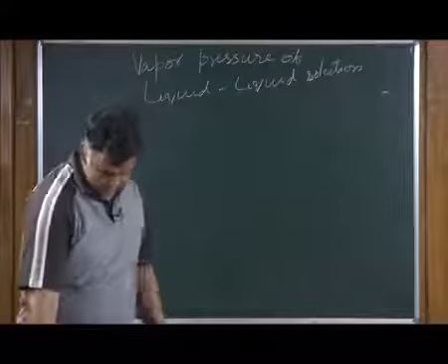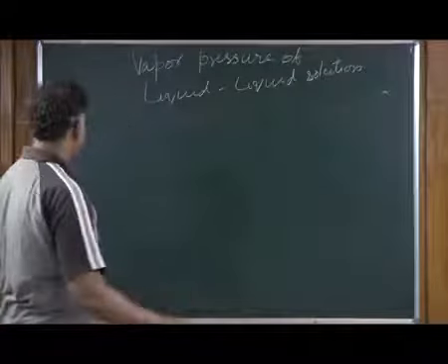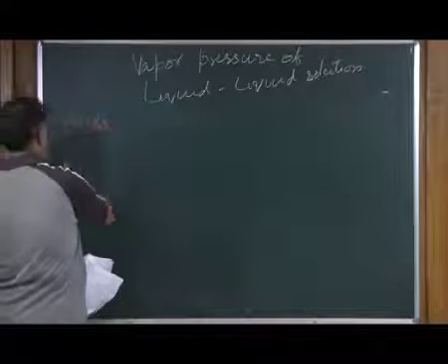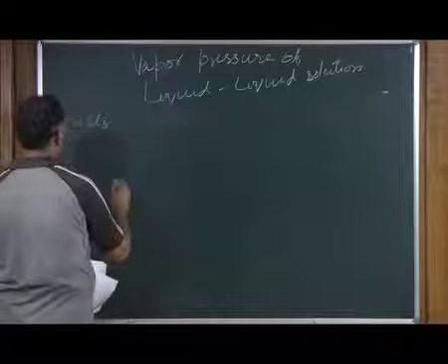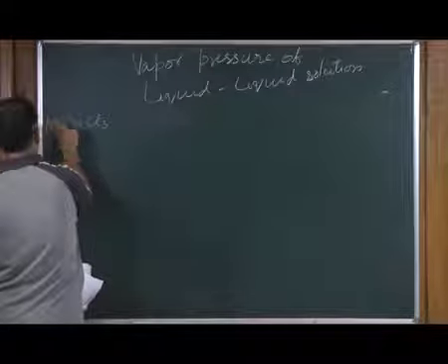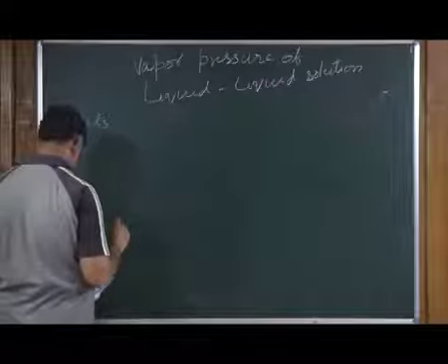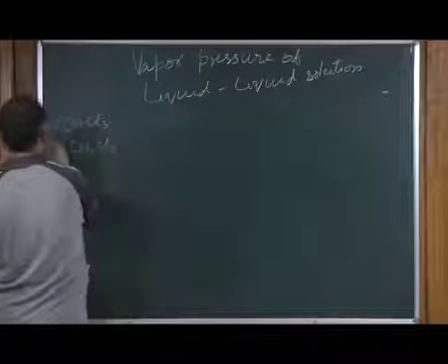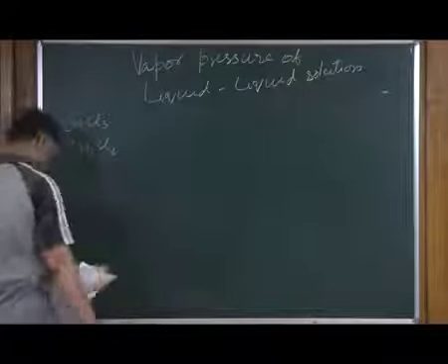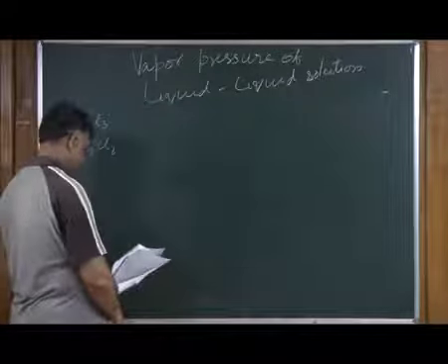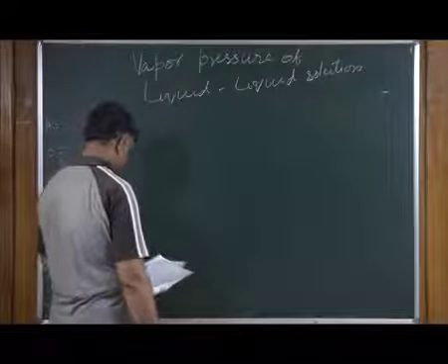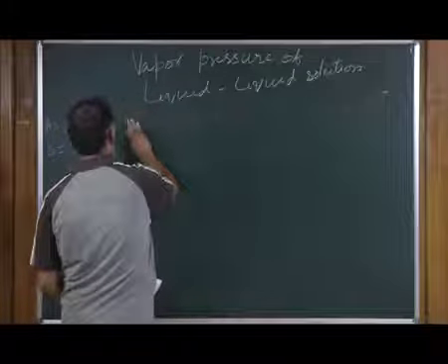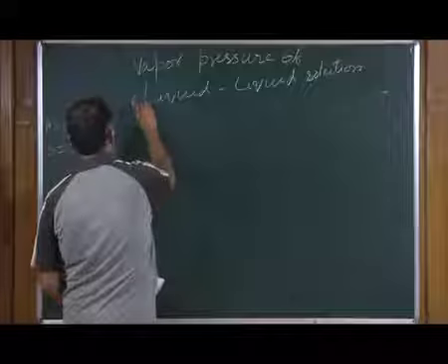Okay. So, we have chloroform CHCl3, let us call that A. We have dichloromethane CH2Cl2, let us call that B, and we are given the vapor pressure of the pure components, P0.